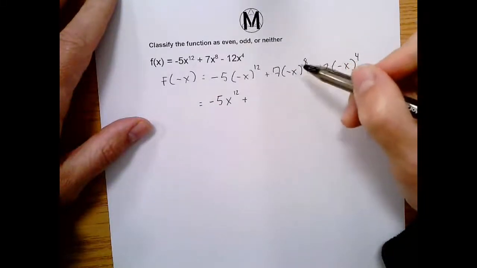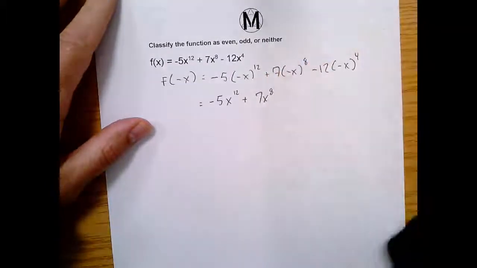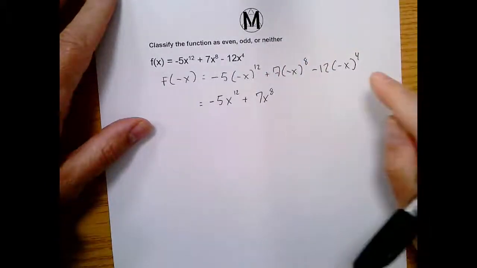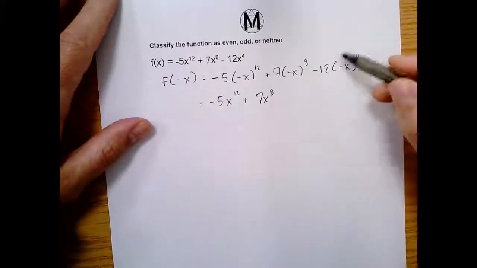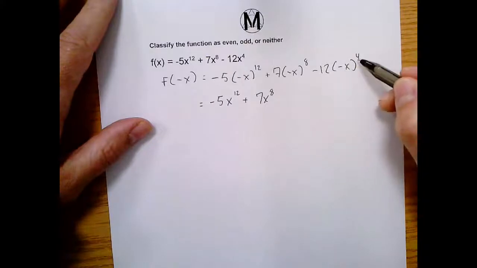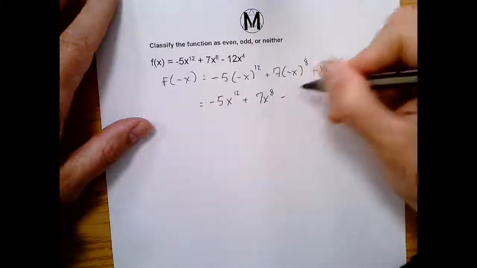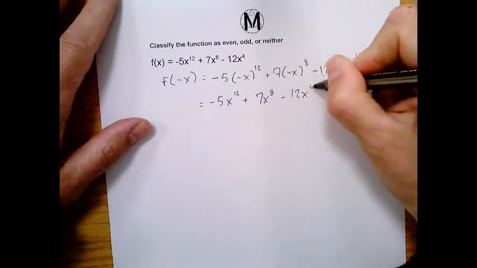So now we have positive x to the 8th, and this is positive, so it just stays 7x to the 8th. And then here, we have negative 12 multiplied by negative x to the 4th. This negative x to the 4th is going to create a positive, and then a positive times a negative gives us negative 12x to the 4th.